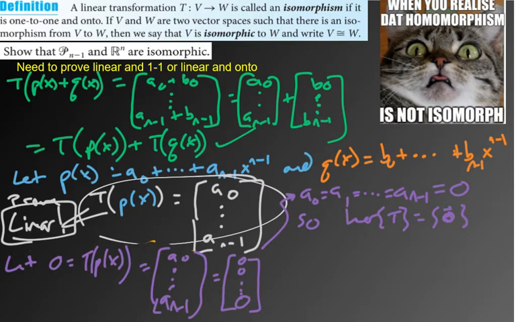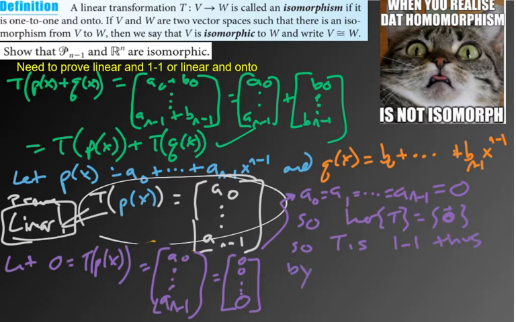And so we have this theorem that says if your map is a linear transformation, the kernel is the 0 vector, then that is equivalent to being one-to-one. So T is one-to-one.